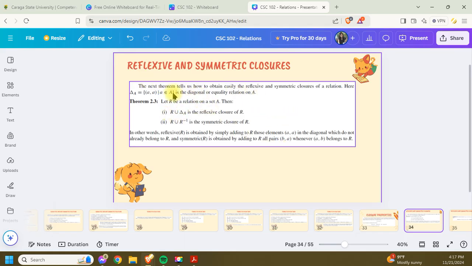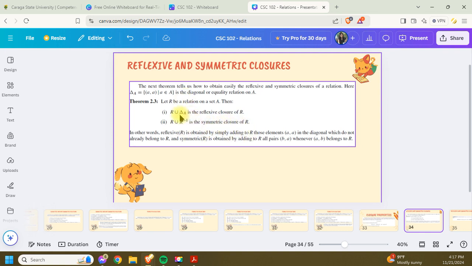Before we go to the example, let's just talk about this one. This is technically just saying what reflexive and symmetric are. Just fancy notations. So this triangle A is considered a reflexive relation, and then the R sub 1 is the symmetric relation.